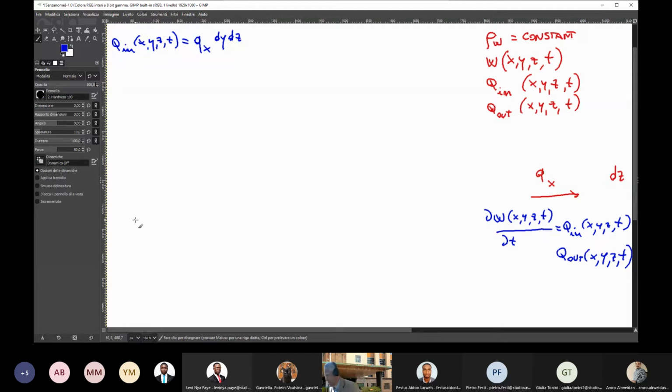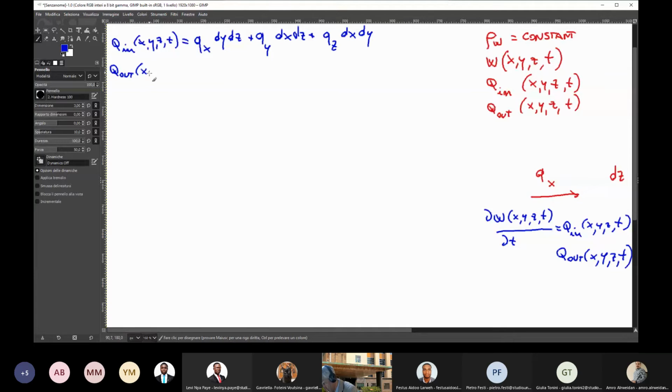Now let me sum the flow in the y direction, plus qy, to be multiplied by dx dz, plus now I have to add qz, to be multiplied by dx dy. I hope it's clear. Okay, this is Q in. And now what about Q out?